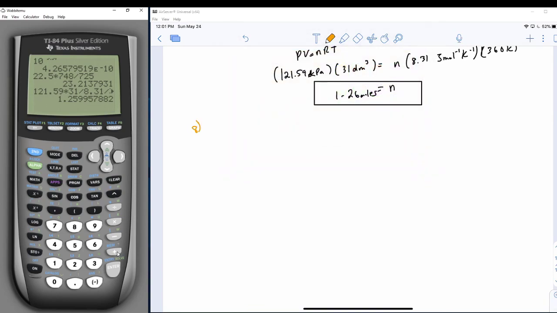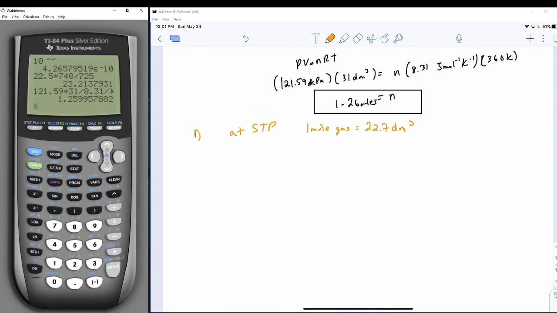Last couple of problems here we have are the gas law equations. Okay, and so one, here we're doing just STP for these practice ones. And what's nice about STP is that 1 mole of any gas is equal to 22.7 decimeters cubed. So you can use that as a conversion factor for these problems, like you would molar mass or Avogadro's number.